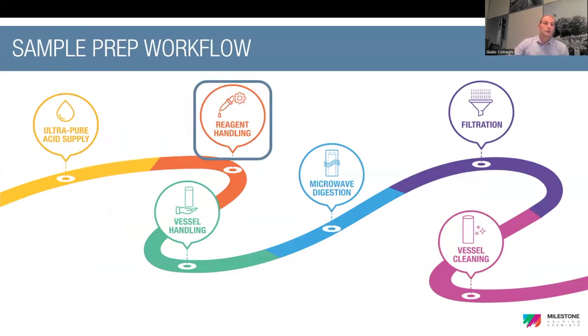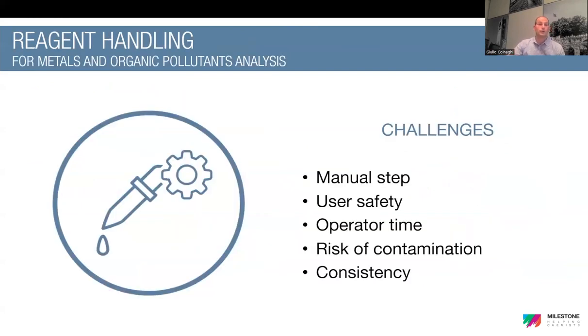From the quality of the reagents, we move to the reagent handling, and this part is true for both metals and organic pollutant analysis. In both cases, we need to work with hazardous reagents, either concentrated acid or solvent. This step is typically done manually and exposes the operator to those concentrated acids and solvents.